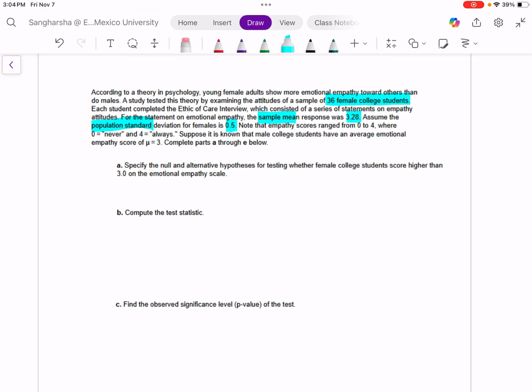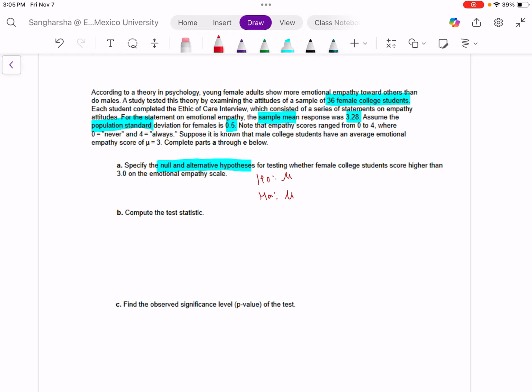Now we need to complete the following parts. Specify the null and alternative hypotheses for testing whether female college students score higher than 3. So we want a null hypothesis and alternative hypothesis in order to test whether they score higher than 3.0. Let's write down our null and alternative hypotheses, our parameter is mu.